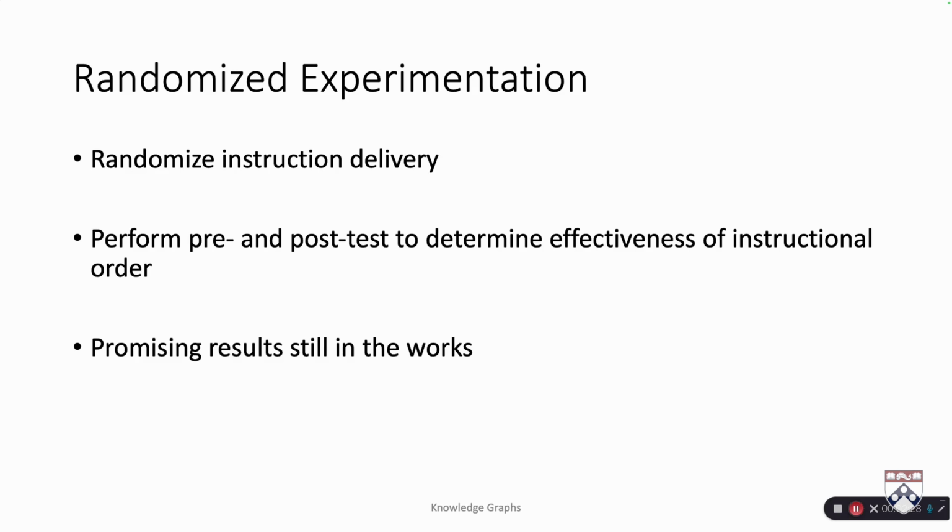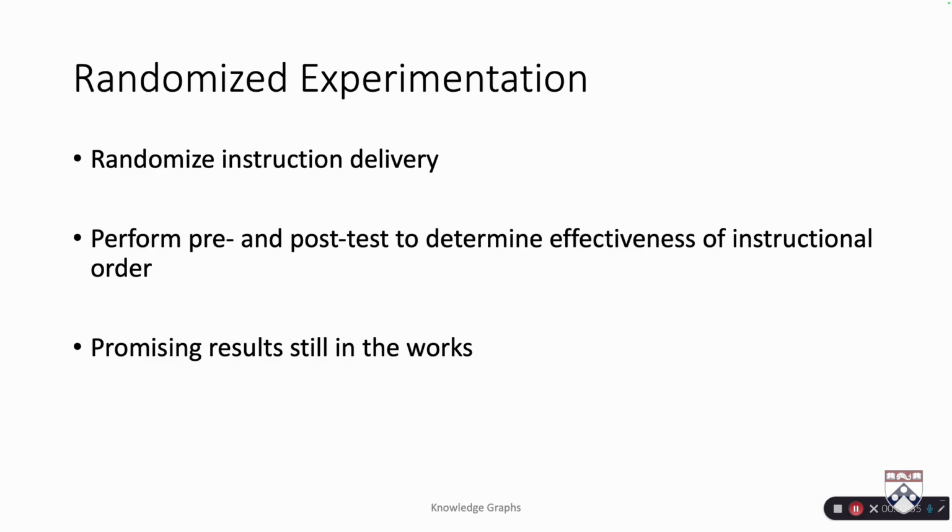And by the way, you're randomizing the instruction delivery order based on suggested portions of the skill graph. And then you find out pre and post whether the students are doing a good job at it or not. The results are promising. We have not published it yet, but it is out there. And once we get the data, we'll make that available or publish that work.